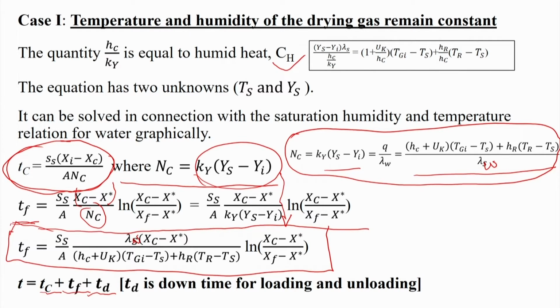So, in the batch process, whenever we talk about the total drying time, loading and unloading time will also be considered, but there is no formula for this downtime calculation; that is actually obtained from regular practice.